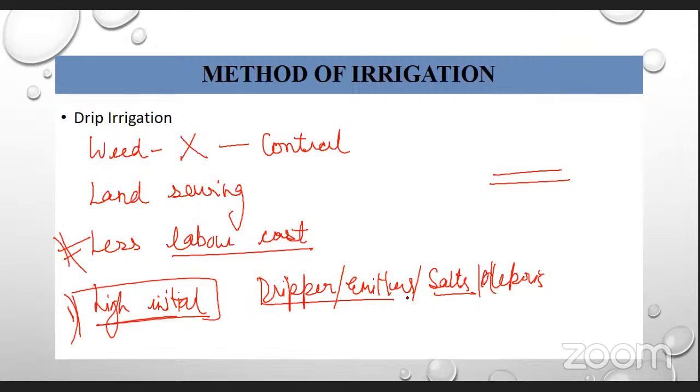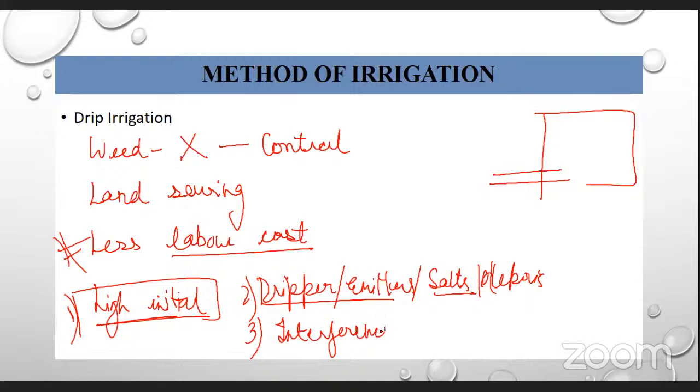Okay. And it also interferes with our intercultural operation, because the pipes will be there in the field, so there will be interference with the farm operations or the movement of implements or machineries.